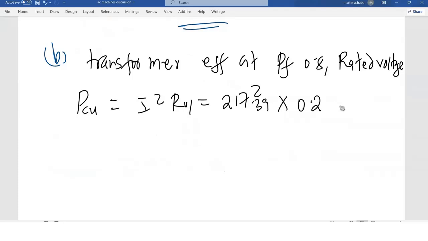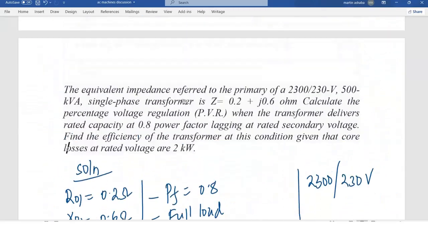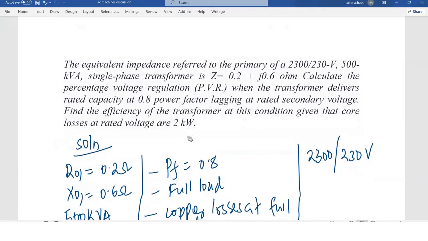If I divide by 1,000, I have this as 9.4517 kilowatts. Now, the iron losses are equal to 2 kilowatts. When you check in the question, it is given as 2 kilowatts.